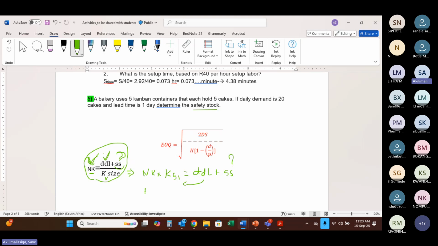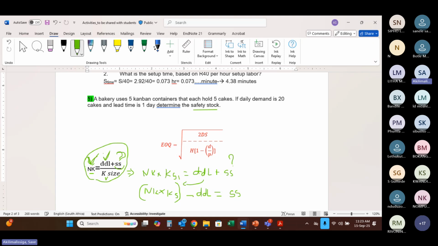So I'm going to have number of Kanban times Kanban size. That S is for Kanban size. Obviously, this is going to be between brackets. Now this one will come to this side, so it's going to be minus small d, minus demand during lead time, and that will be equal to safety stock.